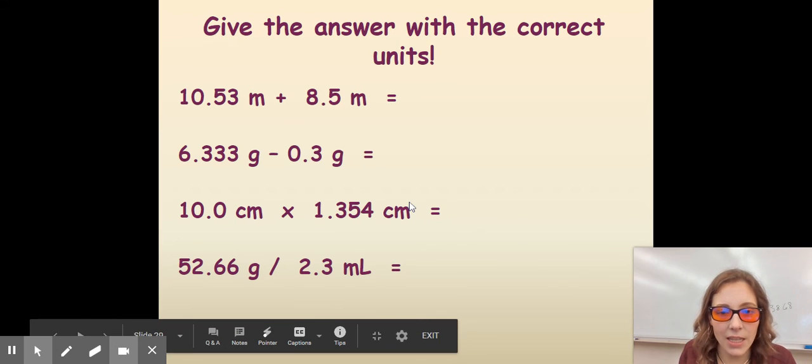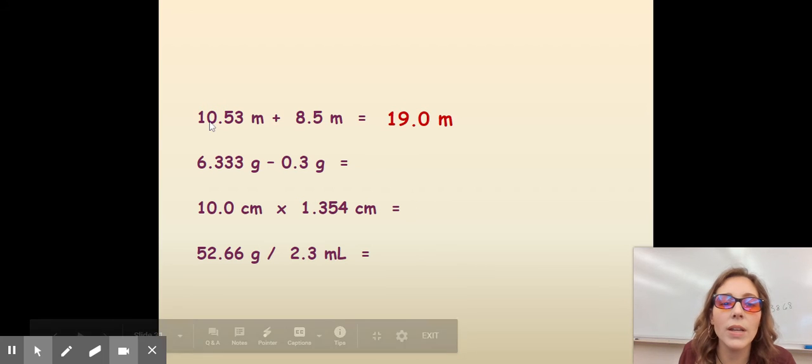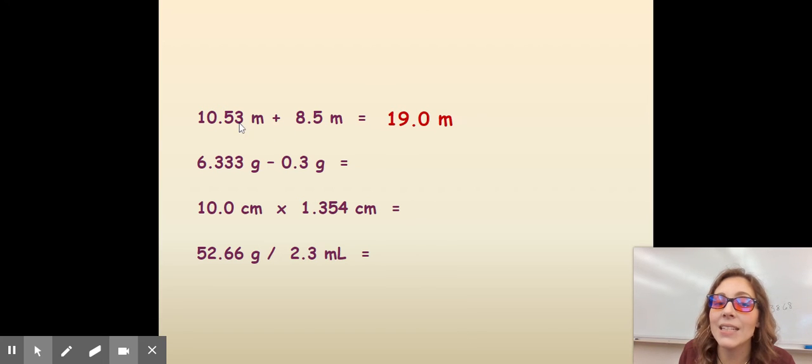All right, let's try this. I think I have a slide for this. Okay, so this one is adding, and adding is about decimal places. So you have to round it to one decimal place, 19.0. The next one is subtracting, again, decimal places. So our answer has to be rounded to one decimal place because this one only has one.